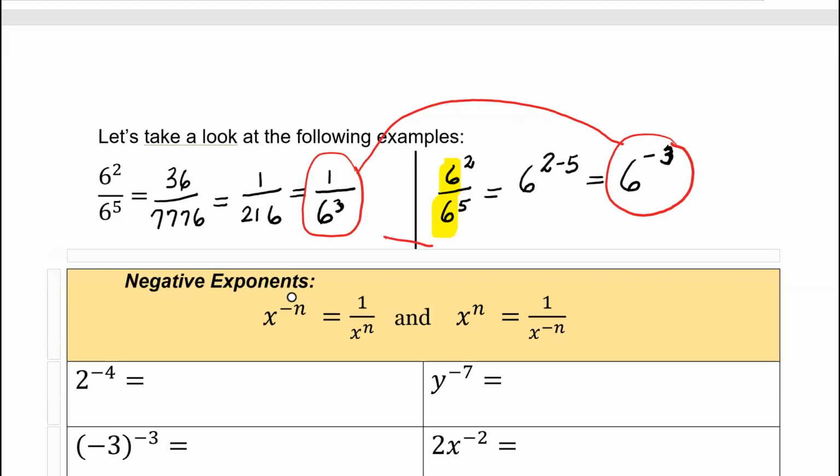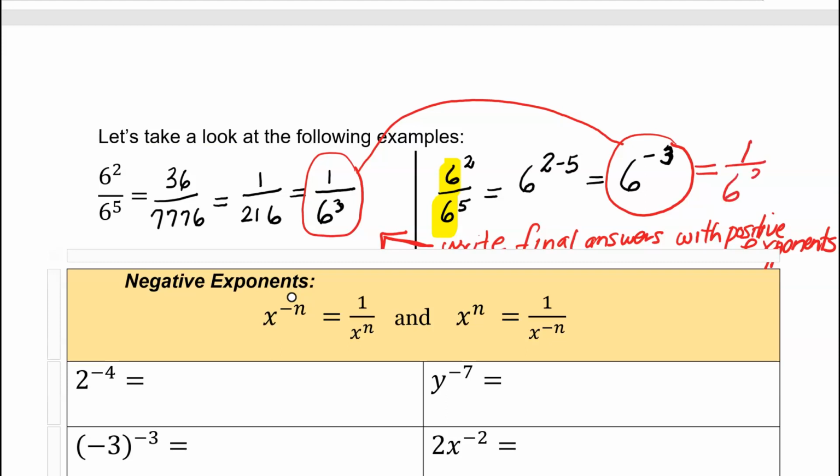Now, it's conventional or customary that we write final answers with positive exponents. So always write your answer with positive exponents. So really, we would like to change 6 to the negative 3 to 1 over 6 cubed.